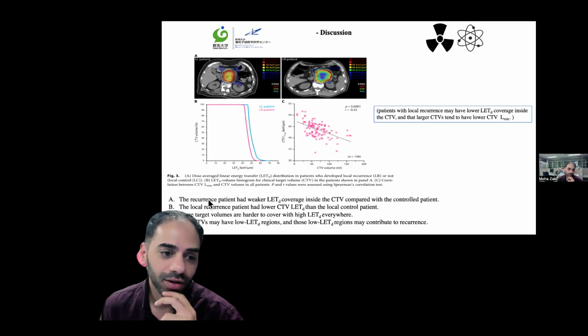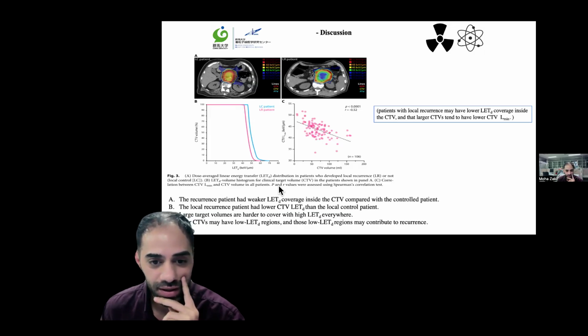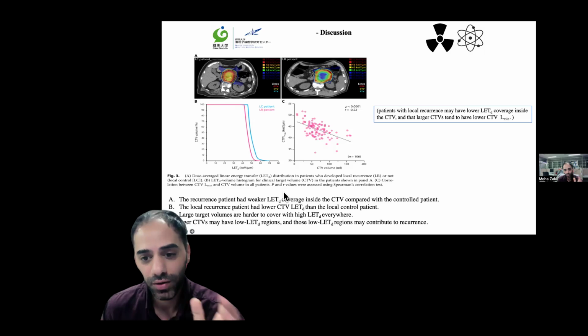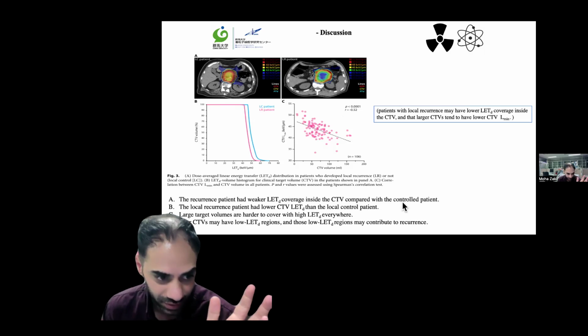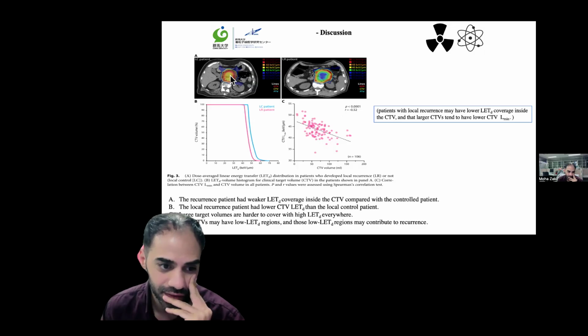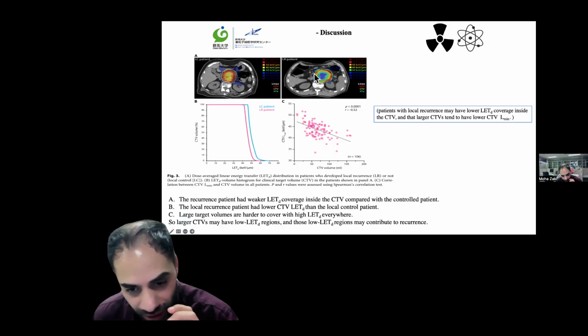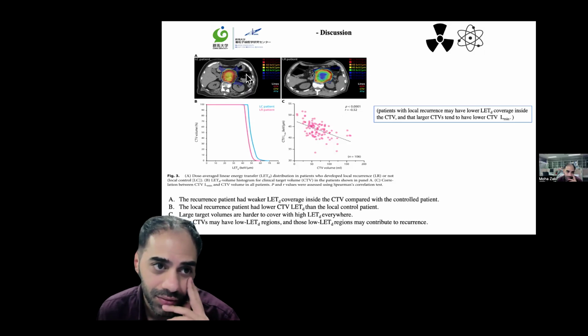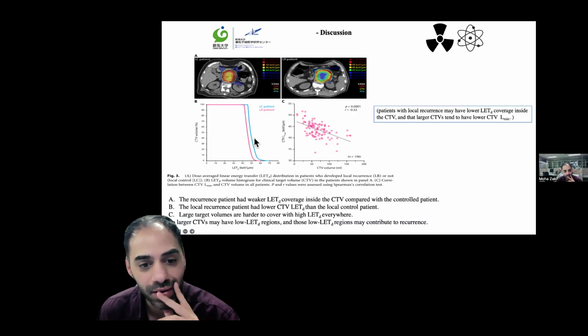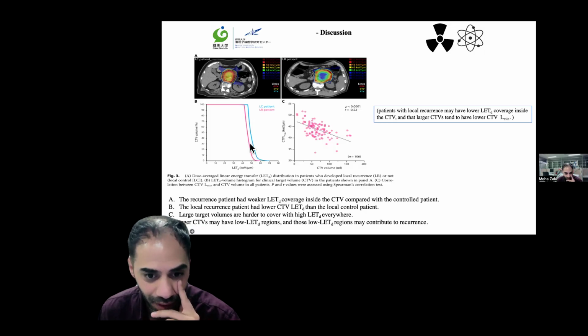So A, the reoccurrence patients had weaker dose average LET coverage inside the clinical target volume compared with the control patients. That's what it shows us. B, local reoccurrence patients had lower clinical target volume dose average LET than local controlled patients.